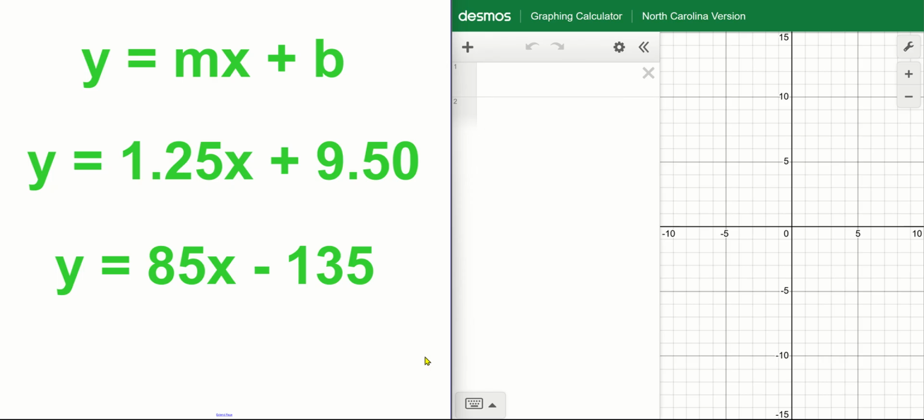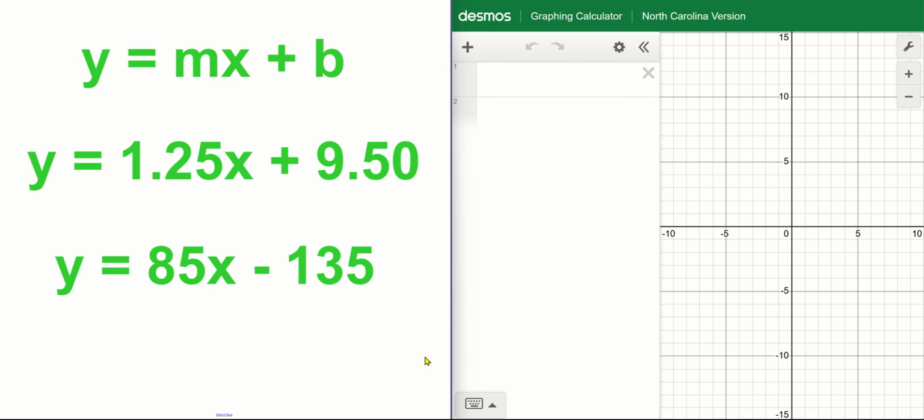So for the first one, y equals mx plus b, who could tell me the slope and y-intercept? Yeah, m is the slope and b is the y-intercept. All right, for the second equation, you tell me slope and y-intercept.